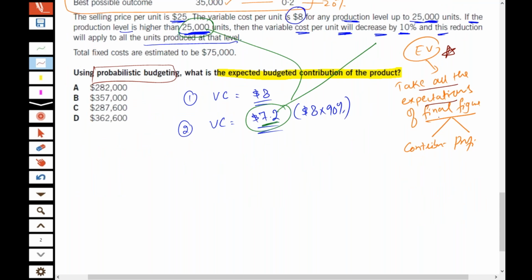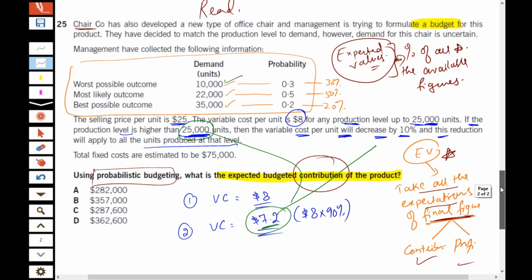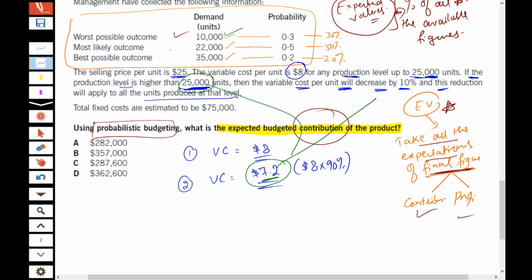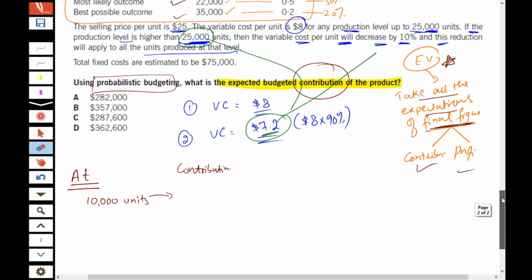So see, how do you calculate the expected values? Take all the expectations of final figures, either contribution or profit. Now the question asks for the contribution. Now listen, at 10,000 units, at 22,000 units, at 35,000 units, my contribution at 10,000 units would be, selling price is 25.